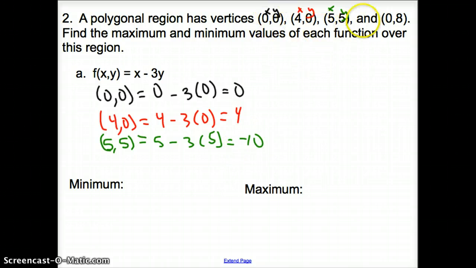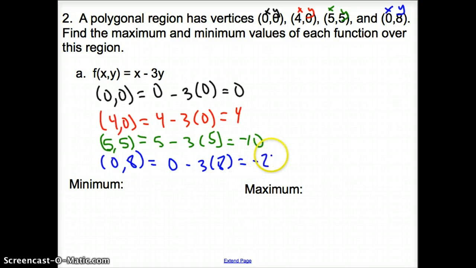And last but not least, I have 0, 8, another x and y. I'm going to plug this 0 and 8 in for this x and this y. So coordinate point 0, 8 gives us 0 minus 3 times 8, and that gives us a negative 24.